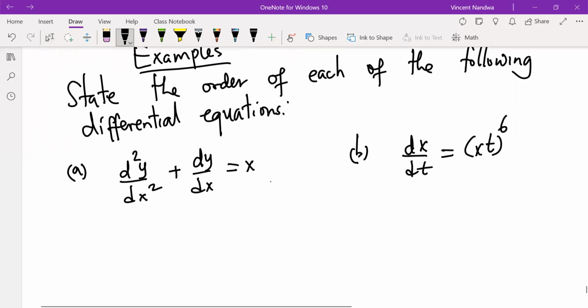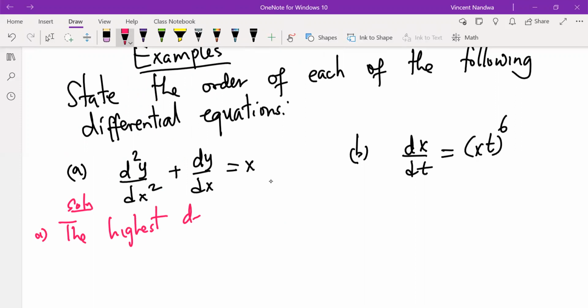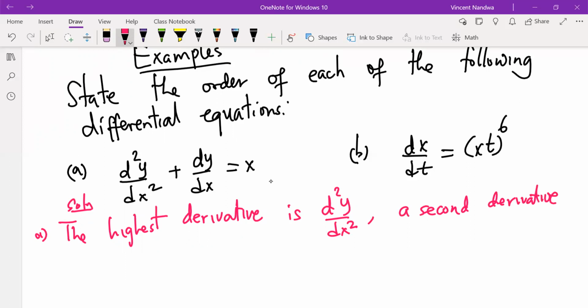Let's start with these two examples. Now, for the first differential equation in A, the highest derivative is d squared y/dx squared, a second derivative, so the order is therefore 2. So this is a second order differential equation.